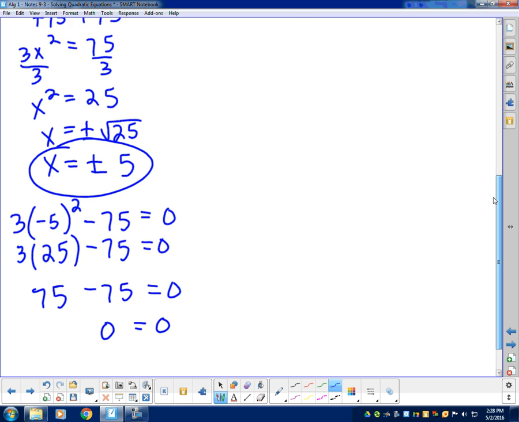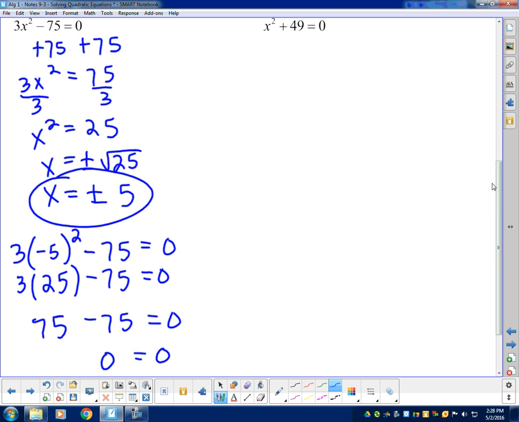It shows that plus or minus 5 are in fact zeros of this original equation. If I plug in negative 5 or positive 5 for x squared, I will get 3 times 25 no matter which I plug in. 3 times 25 is 75. 75 minus 75 is 0, so that is a 0 or root of that equation.